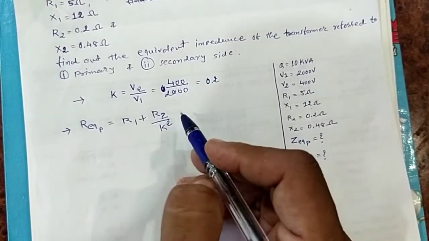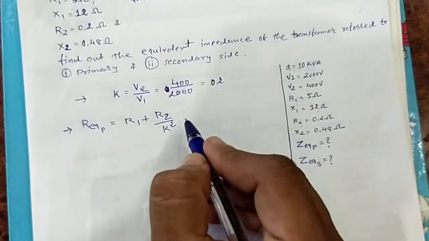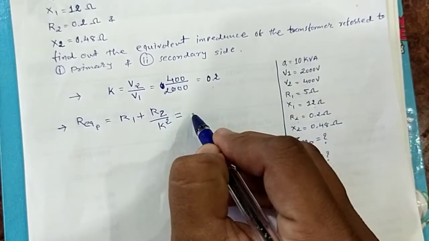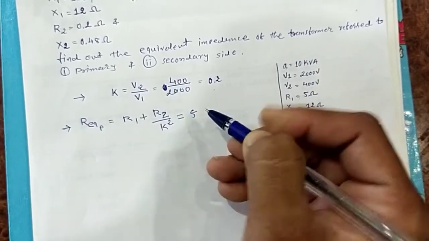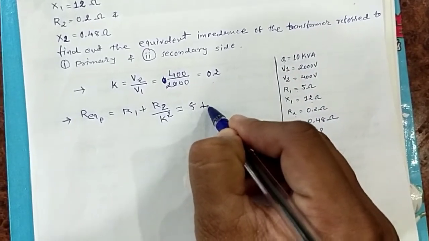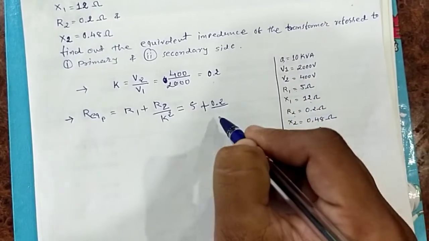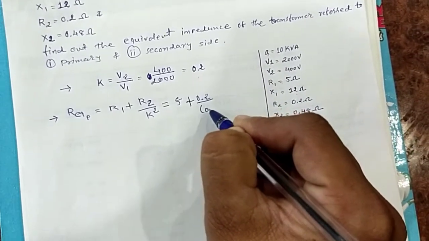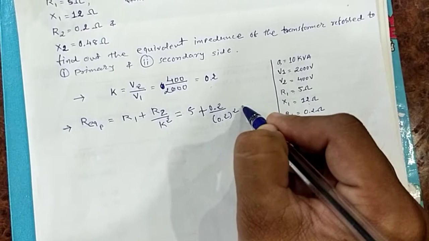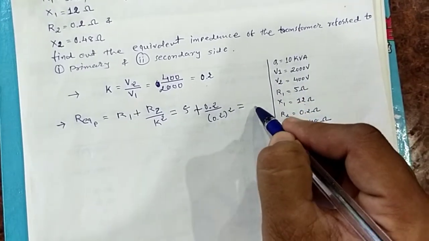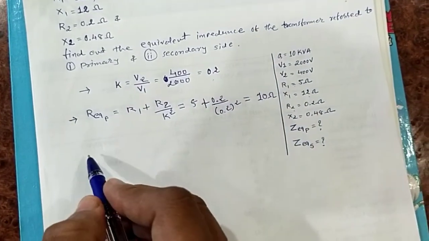Similarly, we have all the values R1, R2 and K. Now simply put the values in this equation and we get the result: 5 plus 0.2 divided by whole square of 0.2. The answer is 10 ohm.